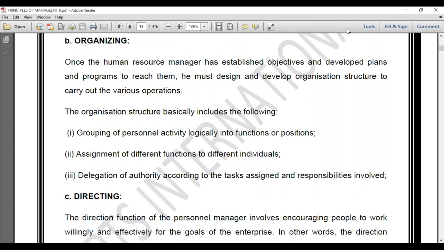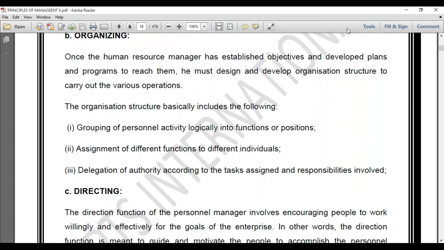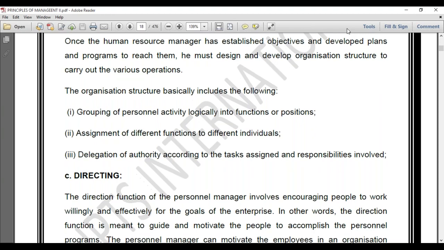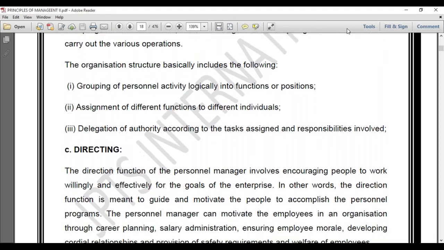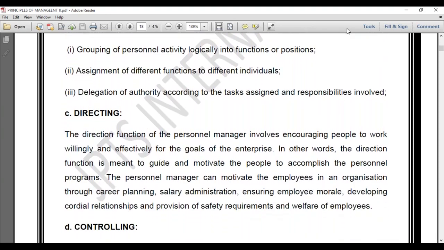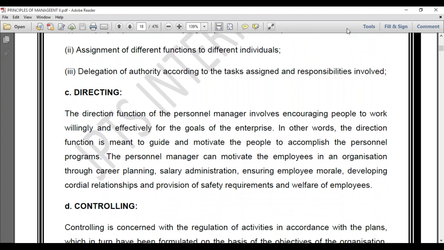Now that you have identified the right kind of people to work with, the next stage is number 3, which is directing. Directing is a major function of a human resource personnel. Having planned and organized, you need to direct those personnel on their job functions.